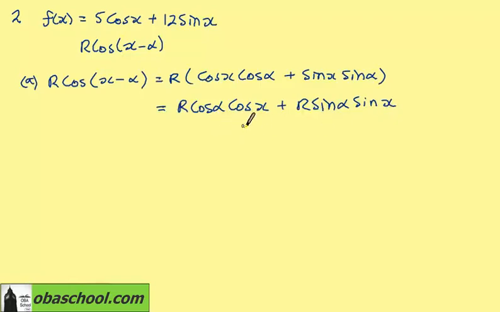If we then compare this with this, we can see that r cos alpha must be equal to 5 and r sin alpha must be equal to 12.